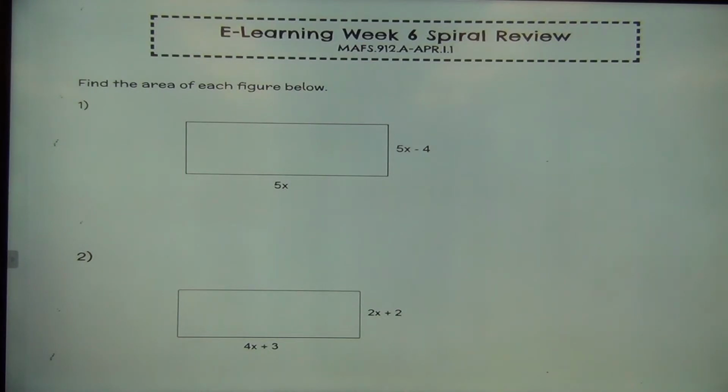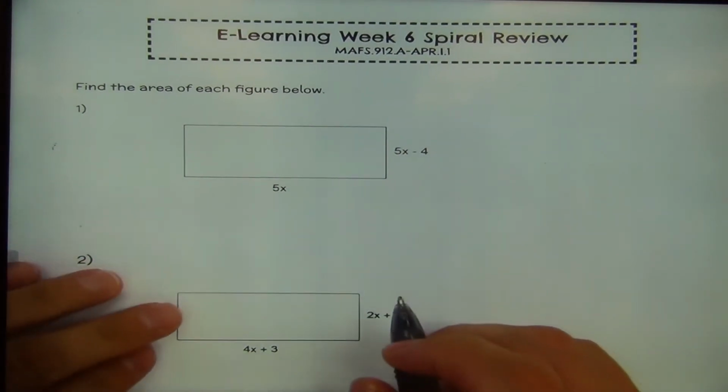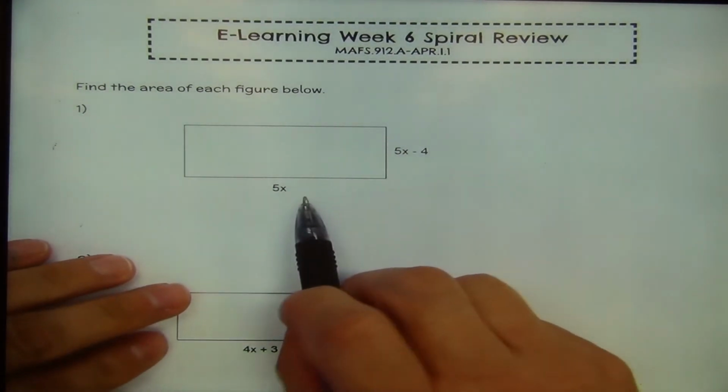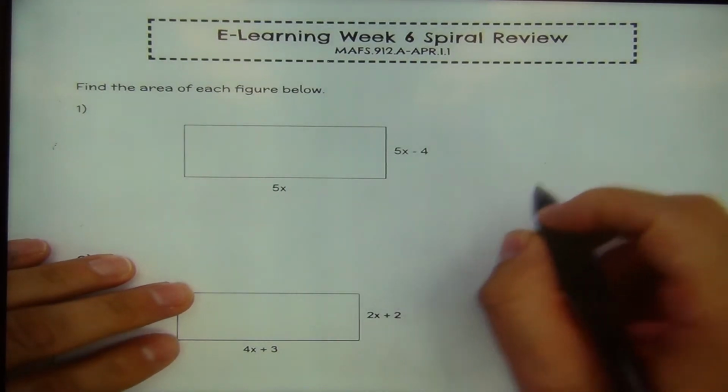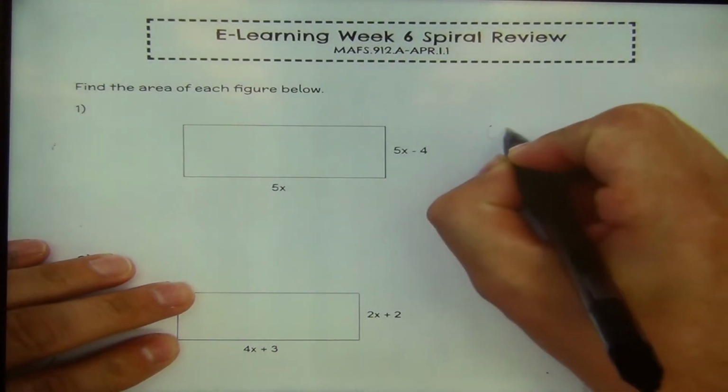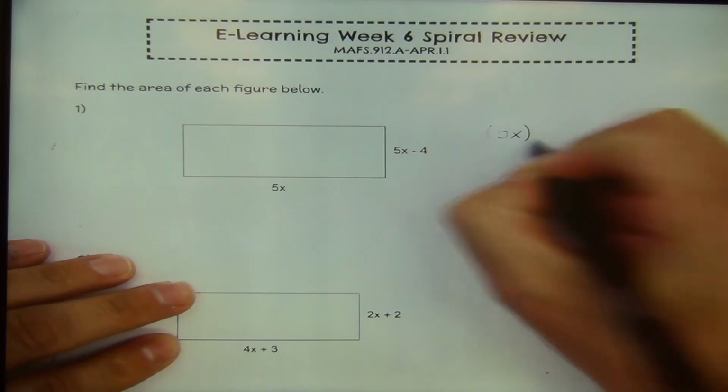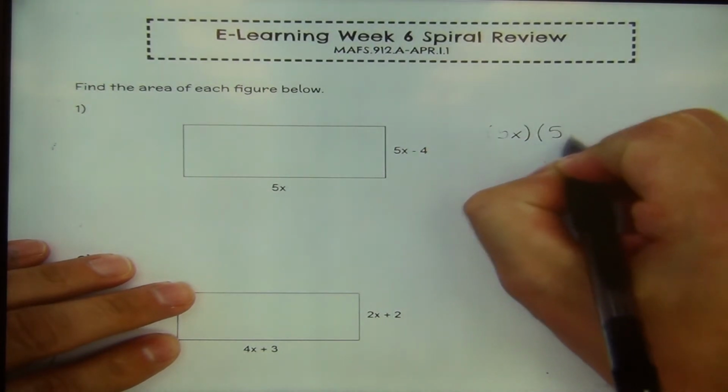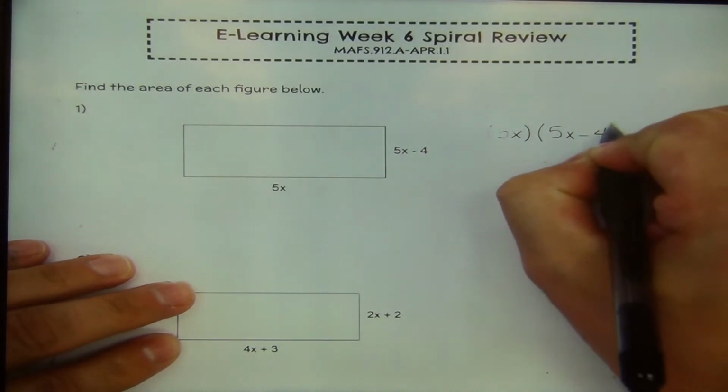This week's spiral review is doing the area of rectangles using algebraic expressions. You can see we have a length and a width that we're going to multiply together. We're going to multiply a length of 5x by the width of 5x minus 4.